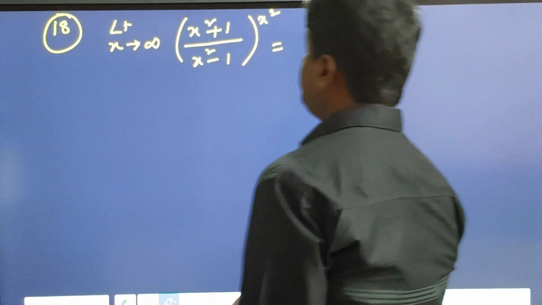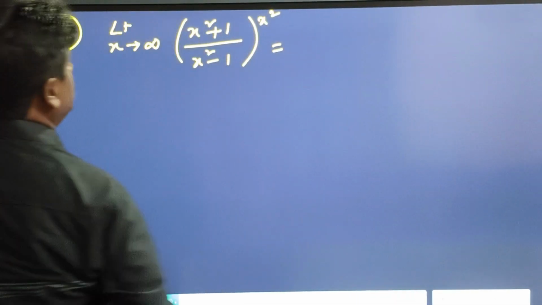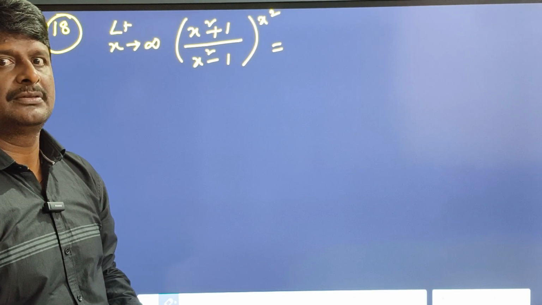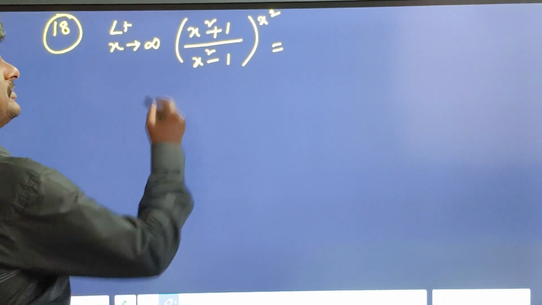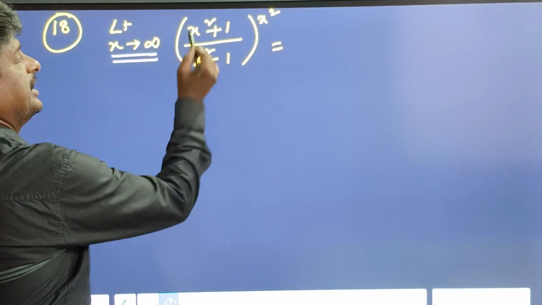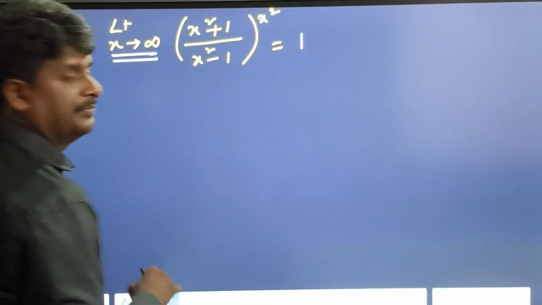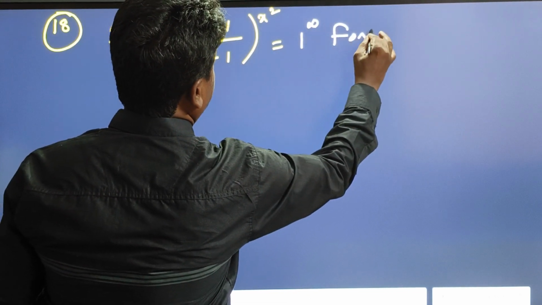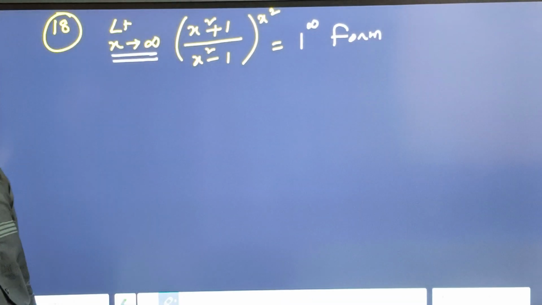Next problem. Limit as x tends to infinity of ((x² plus 1)/(x² minus 1)) power x². Observe that just now we have seen degrees are equal, so the limit as x tends to infinity of the base is 1. Power x² is infinity, so it is 1 power infinity form.